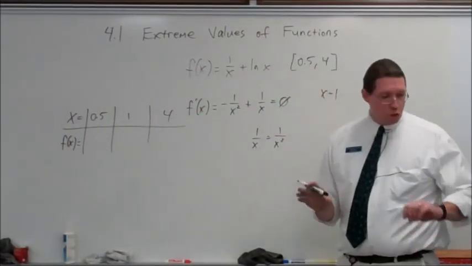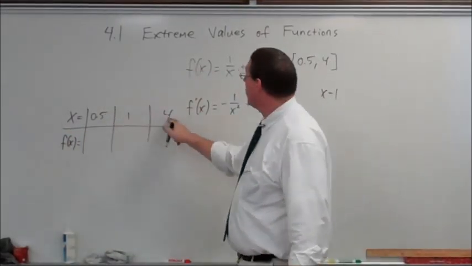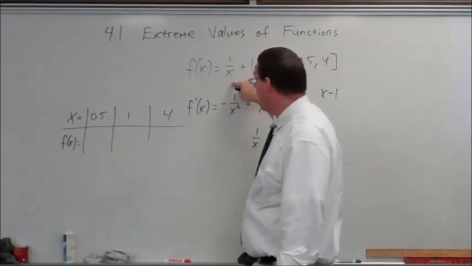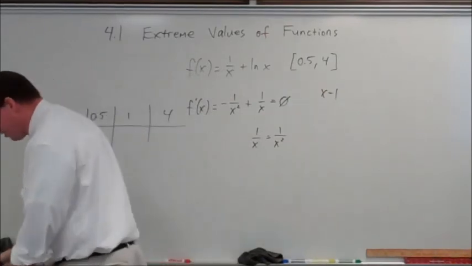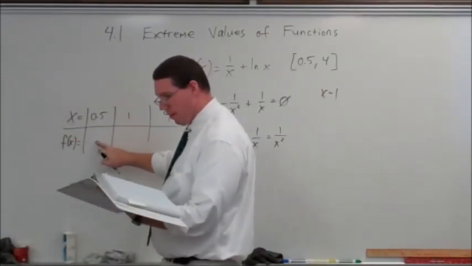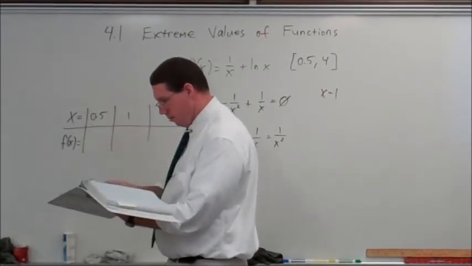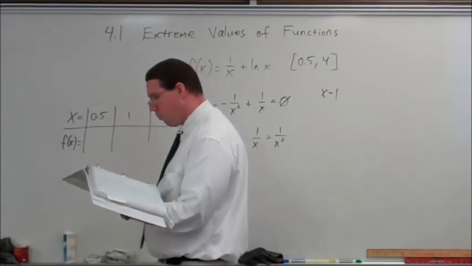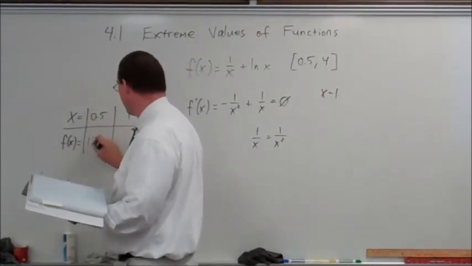And now I am going to plug each one of these values into this. Because we don't have much time, I'm just going to show you what I got for each of these answers. If I plug 0.5 in, you get 1.3068.